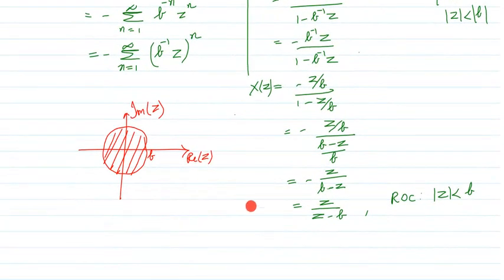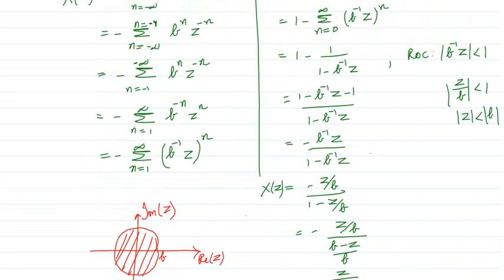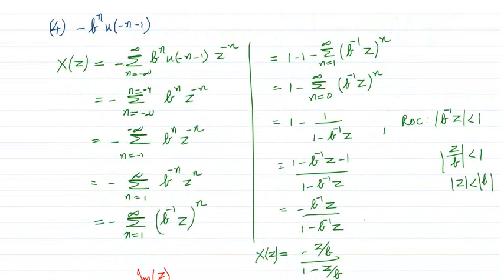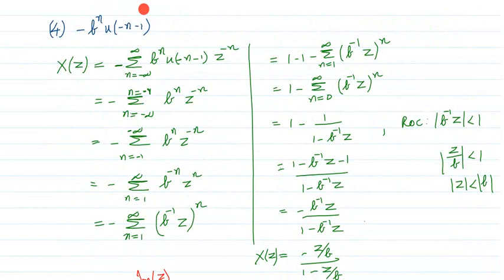So the z transform of minus b power n u of minus n minus 1 is z by z minus b. ROC is magnitude of z less than b.